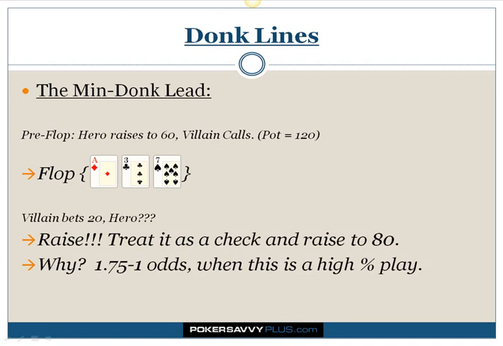The reason why we're actually going to make the raise rather than calling is, our cards don't really matter in this situation. We're getting 1.75 to 1 on the bet by itself, and this is a really high percentage play to actually raise the min-donk lead.